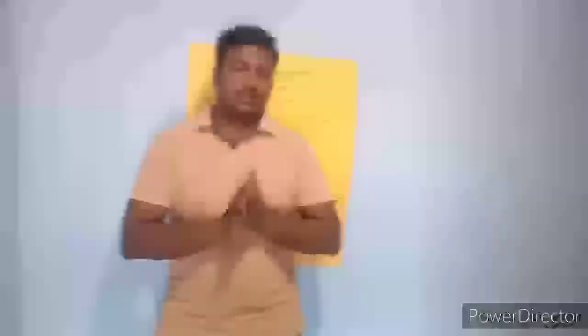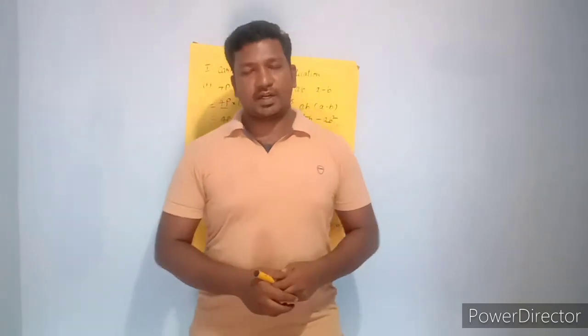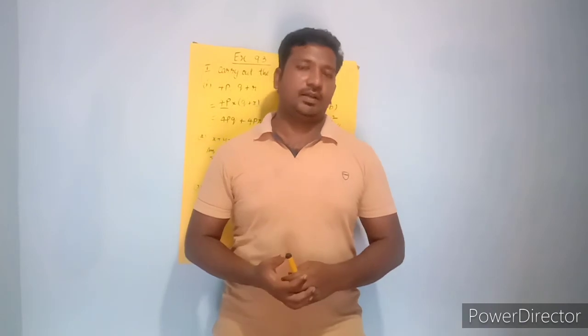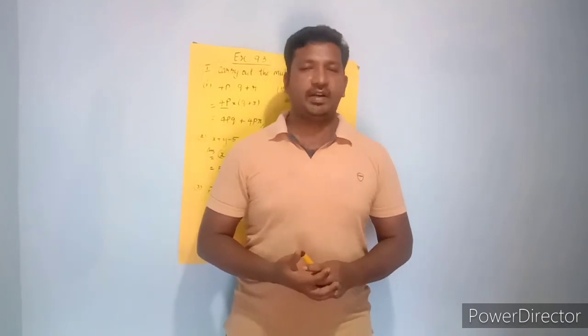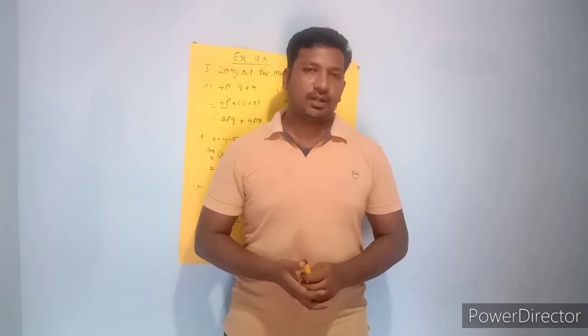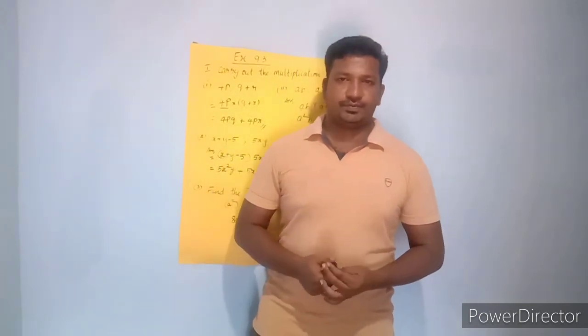The methods are the same. You won't get any confusion. Whatever I am telling, you can follow the instructions. Be very aware of the operators, plus and minus symbols, and also like terms and unlike terms. So, thank you.